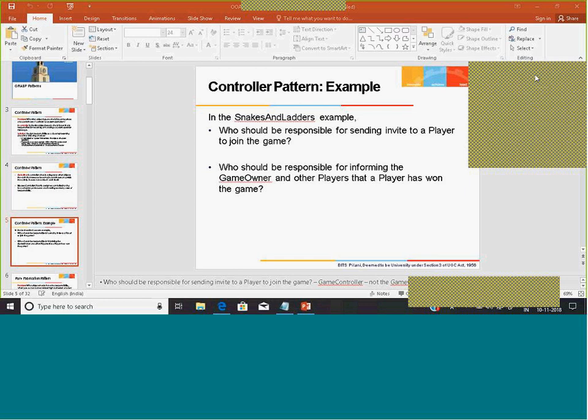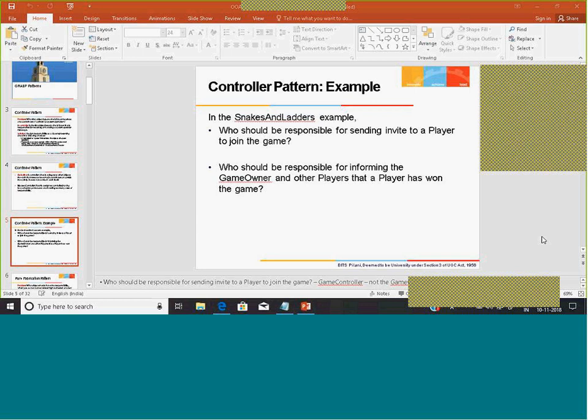So it is the game controller to whom the game owner also joins. Once the game owner joins, the game owner sends a request to the game controller to send invites to the other players, so that the other players also join the game controller. So the owner directly will not be inviting the players to join the game.